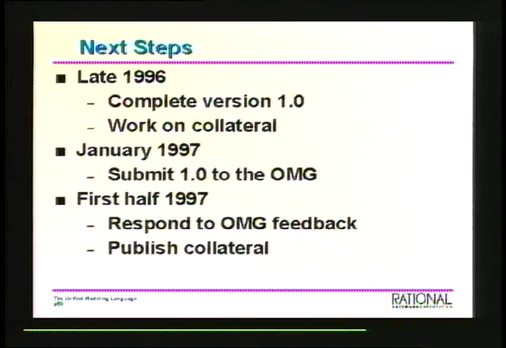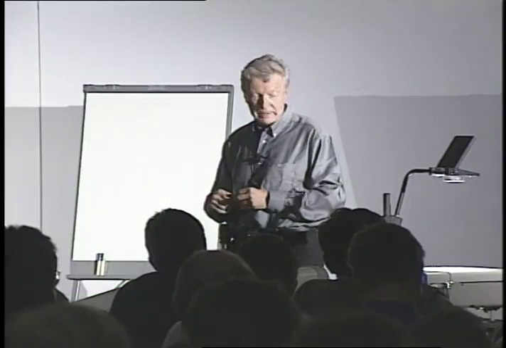It will contain a complete meta model of the language. And that will be submitted to OMG in early 1997. Actually, it's the 7th of January. And during the first half of 1997, we'll get feedback on that and work with OMG on getting a standard.